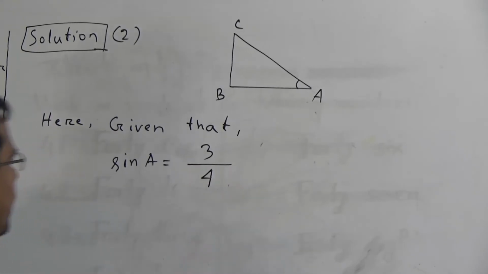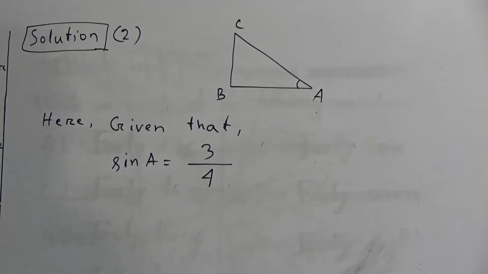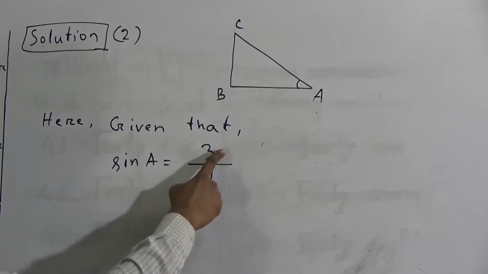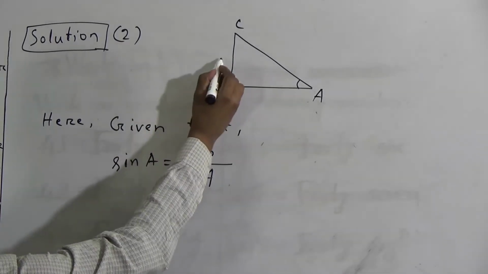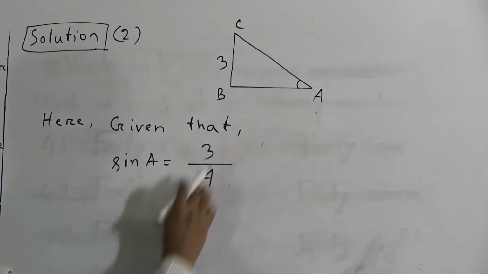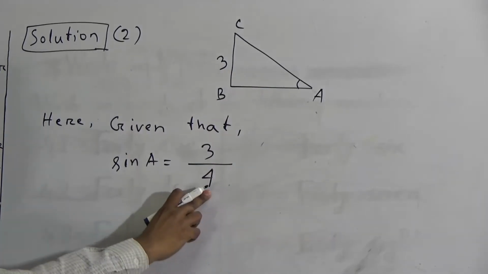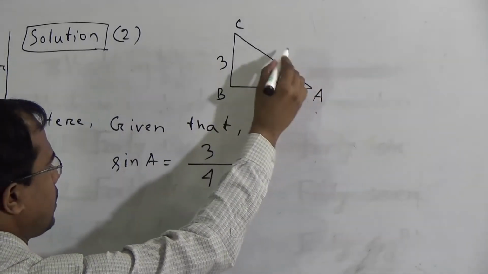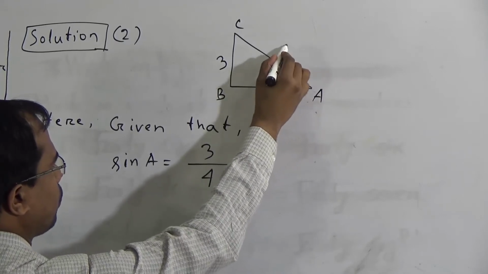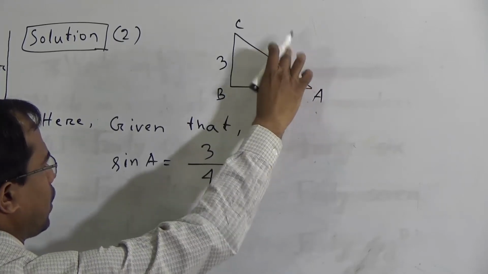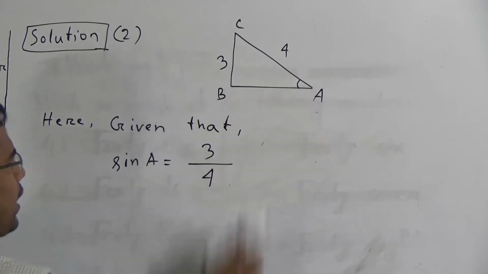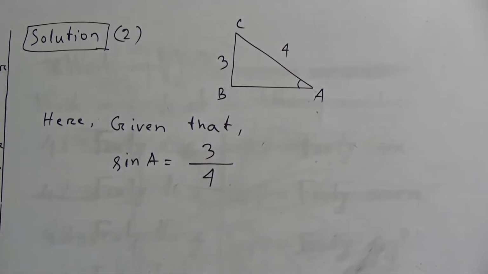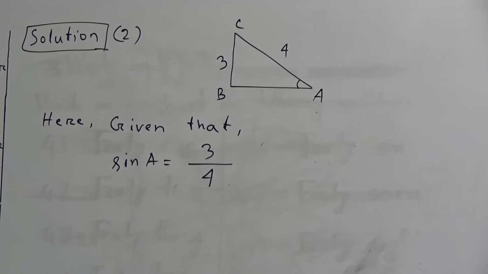Now we know that sine means a ratio of opposite side and hypotenuse. Here opposite side is BC and this is equal to 3, and hypotenuse AC is equal to 4. If we can find the length of adjacent side AB, then we can easily find out other trigonometric ratios.